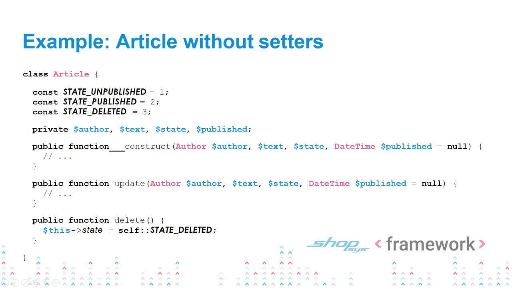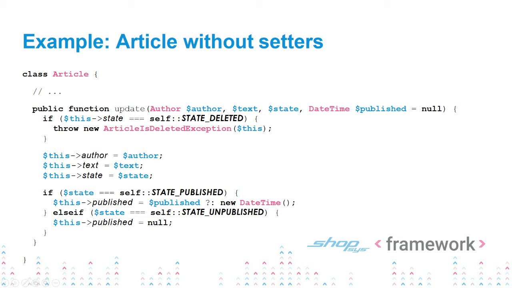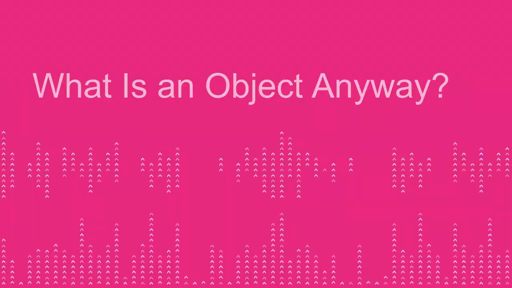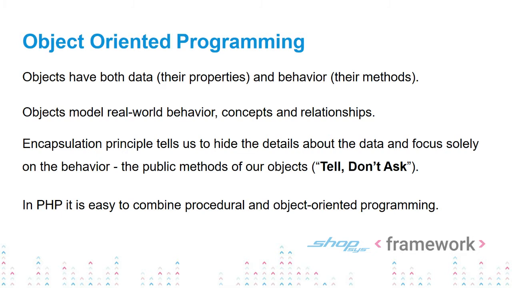Allow me a quick detour to what are objects in object-oriented programming. Objects have both data and some behavior. The data is their properties, the behavior is their methods. Objects should model some real-world behavior, real-world concepts, and relationships.